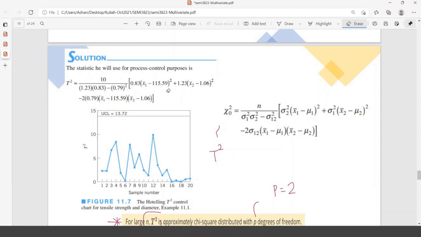You see here, it is very easy to make a mistake, because in the formula it is already squared here. This is the variance, and this is also the variance. The variance is the square of the standard deviation. So this data put here is already squared values.